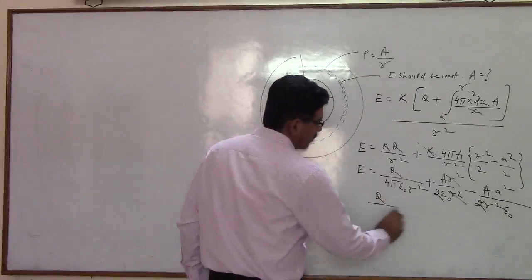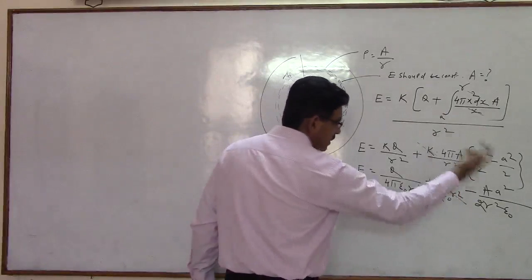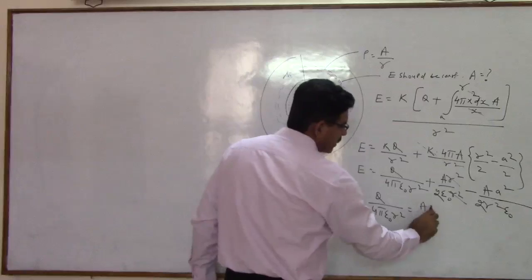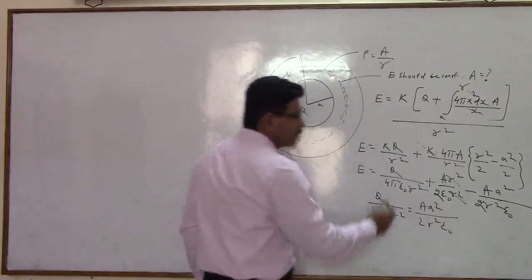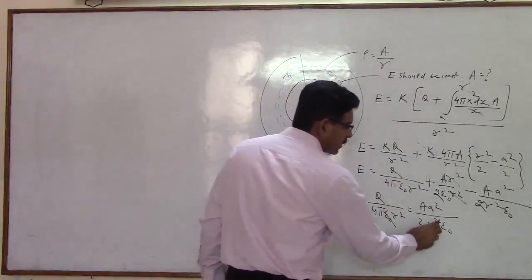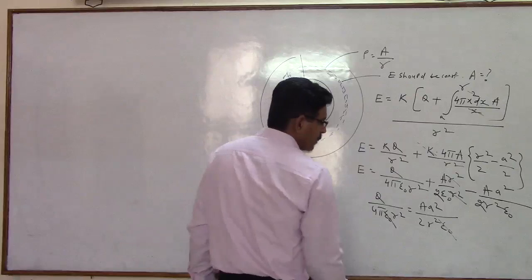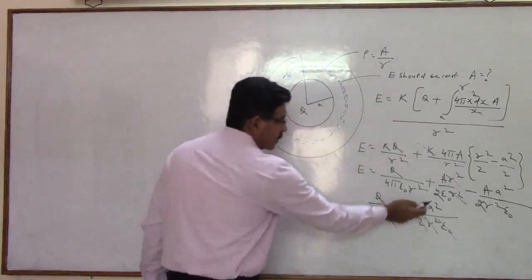So q by 4 pi epsilon naught r square, take it to that side for the 0. So a square by 2 r square epsilon naught should be equal, so that they cancel out in totality. So epsilon naught I can lose with epsilon naught, and then r square and 2 can be lost. So what do we get?